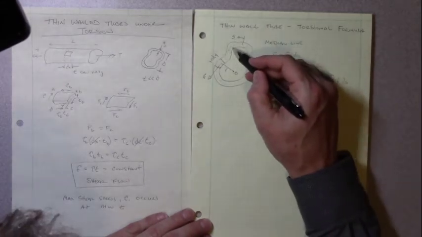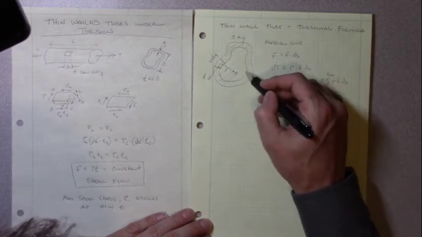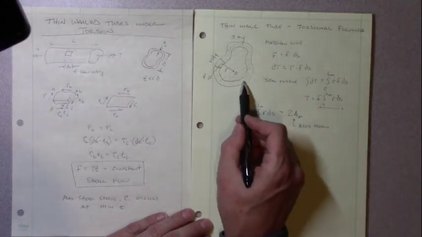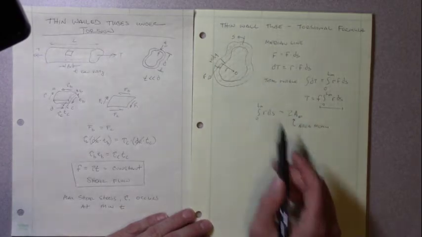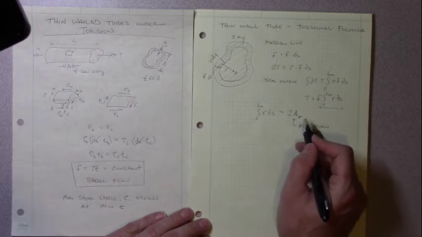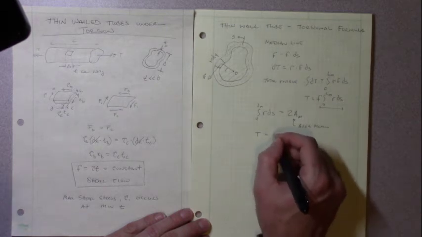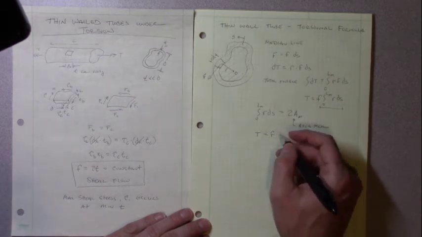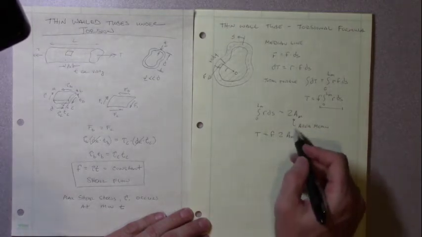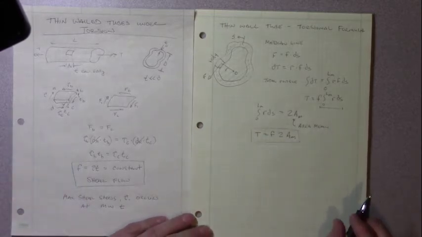That is the entire area inside that median line. So if we can identify that median line, we can calculate the area, not of just our thin section, but of the entire section. We plug this in, and we end up with T, our total torque, equal to q, our shear flow, times 2 times our area Am. So this is going to be one of our equations that we're going to end up using.